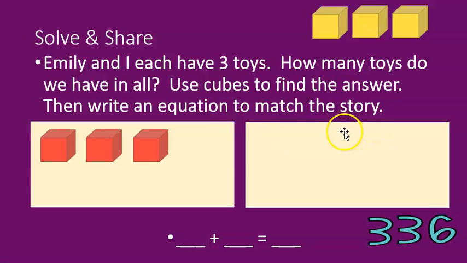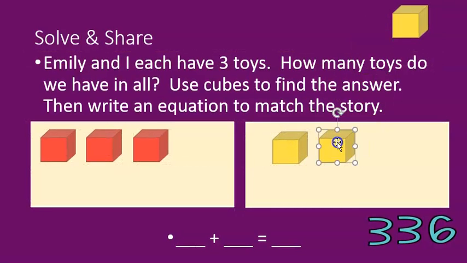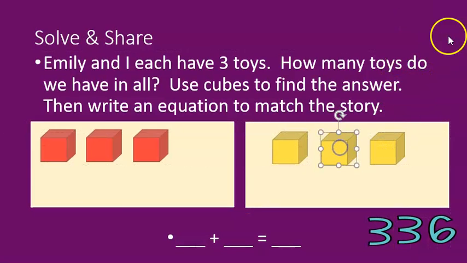This rectangle belongs to this person named I. Now, how many toys does I have? 3. So, let's grab 3 of these cubes. Let's insert them into I's rectangle because this person also has 3 toys.